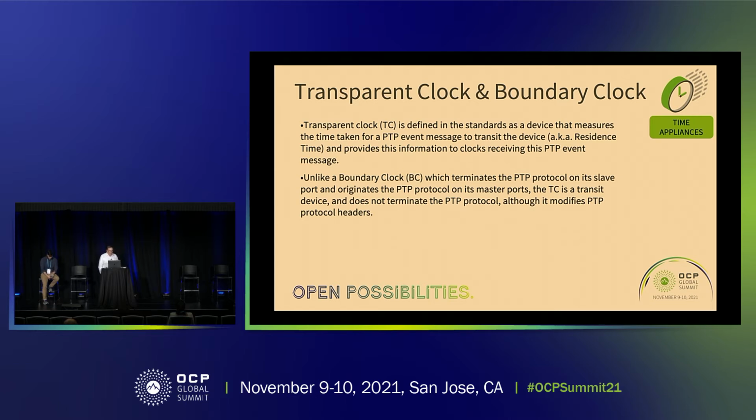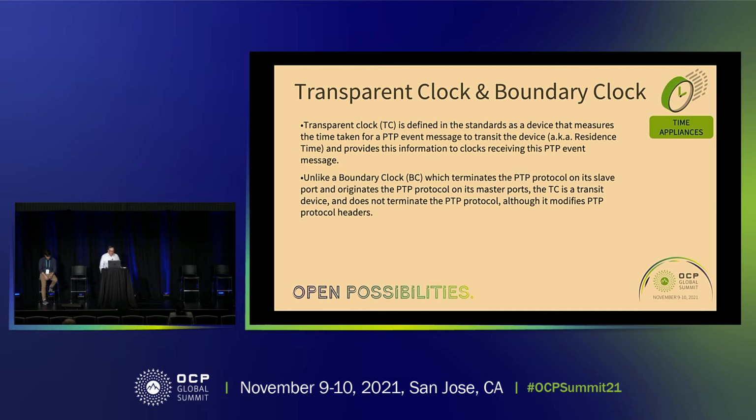This is a device that's very different from a boundary clock in the sense that a boundary clock terminates the PTP protocol. On a slave port of a boundary clock, the PTP protocol is terminated, and then on the master ports of the boundary clock, the PTP protocol is originated, and the boundary clock is not a transit device.